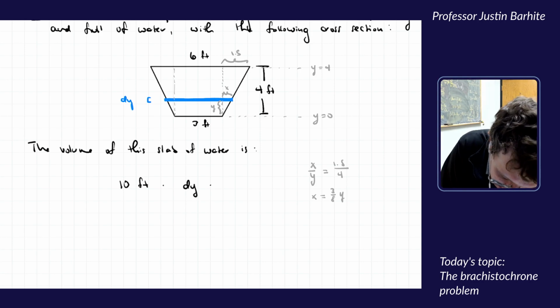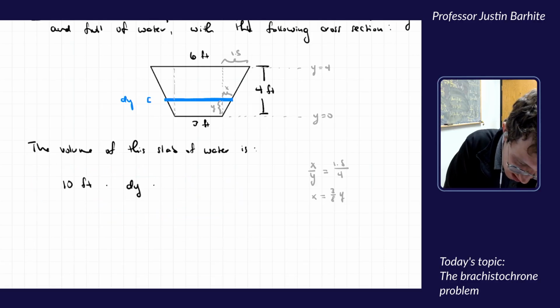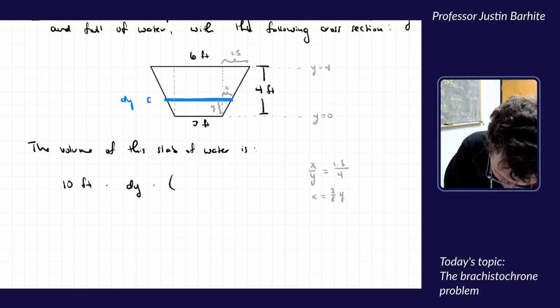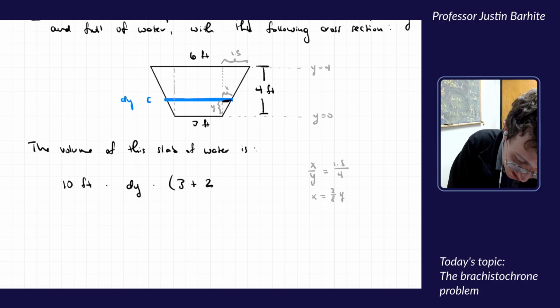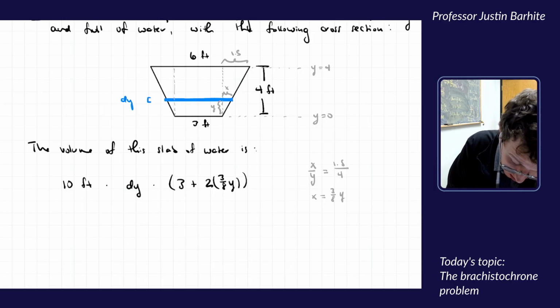And then this total width is the middle 3 feet plus x plus another x over on the left side. So that would be 2 times this 3/8, or sorry, 3/8 times y.